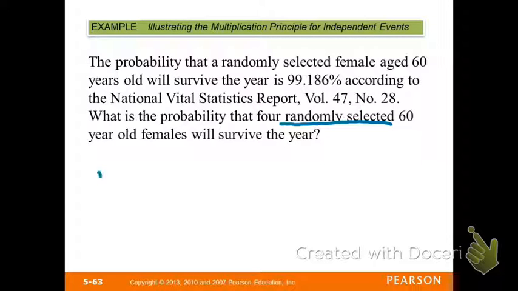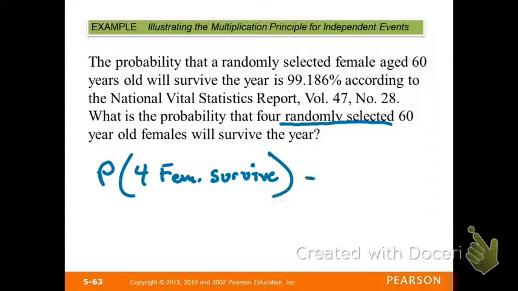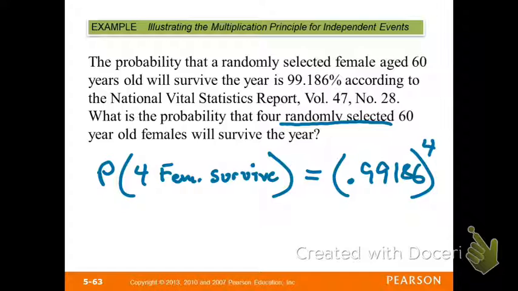The probability that 4 females survive is going to be the product of those 4 females' individual survival rates. So 0.99186 to the 4th power.